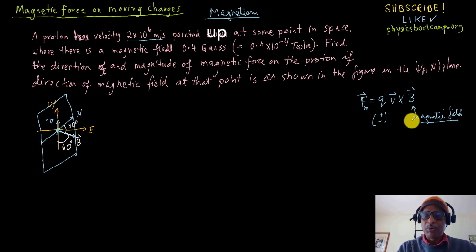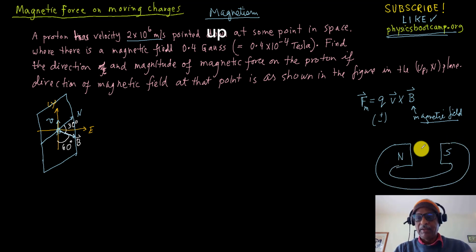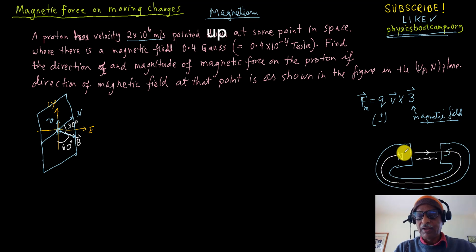Now if you want to know more about magnetic field, you may want to go read up in a book or something like that. So in short, if you have a north pole here and south pole here, then you'll have magnetic field lines go from north pole to south pole like that, and magnetic field lines actually continue inside the magnet and come back and then emerge.